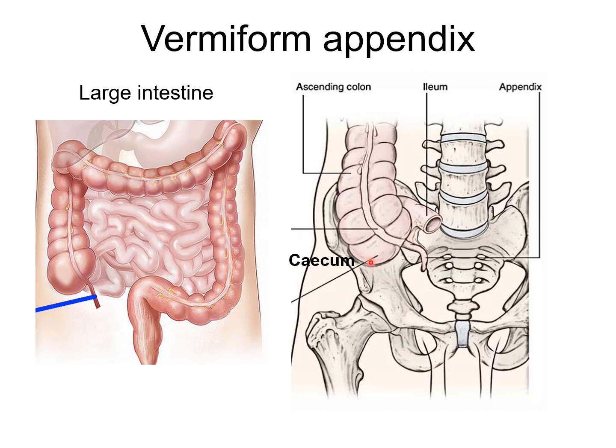Vermiform appendix is a narrow worm-like blind tube which arises from the posteromedial wall of the cecum about 2 cm below the ileocecal junction. It is situated in the right iliac fossa. Though appendix is a part of large intestine, it lacks the cardinal features of large intestine such as tinea, haustrations and appendices epiploicae.